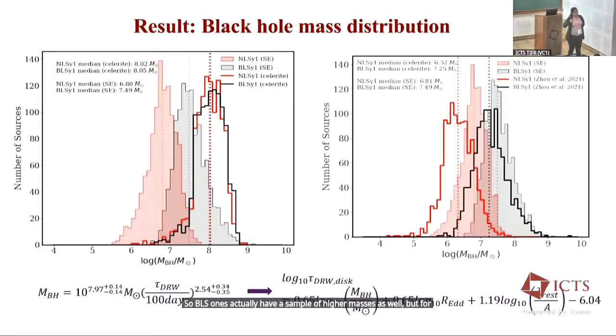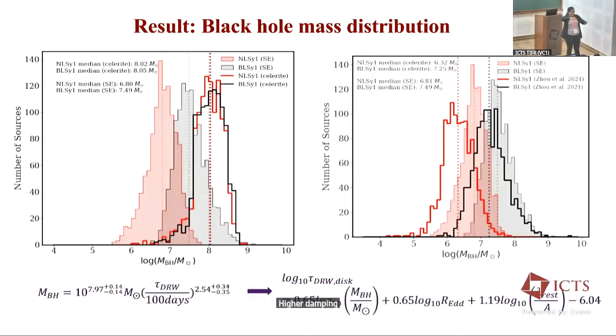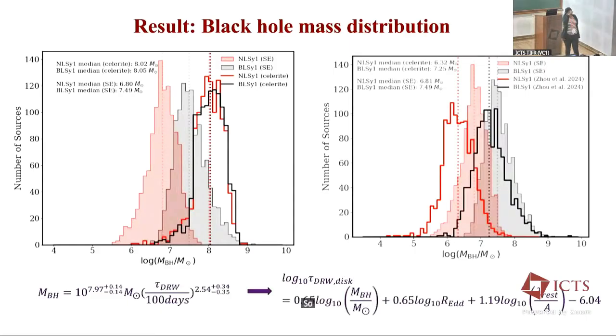But for higher masses, in the light curves we will see higher damping timescales, and higher damping timescales need a bigger baseline. But ZTF only had 2000 days of timeline, so that restricts us to low mass black holes. So in BLS1 itself, we are on the lower side of the masses. As ZTF gives new data, from 2018 to now, whenever the data is released, it will improve this model.